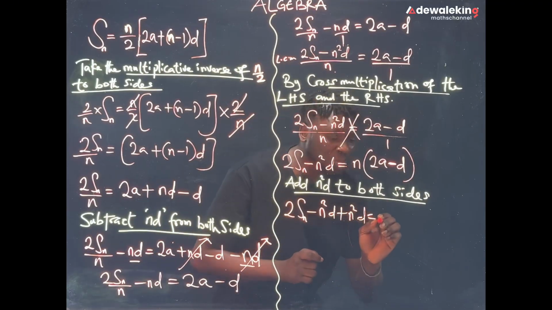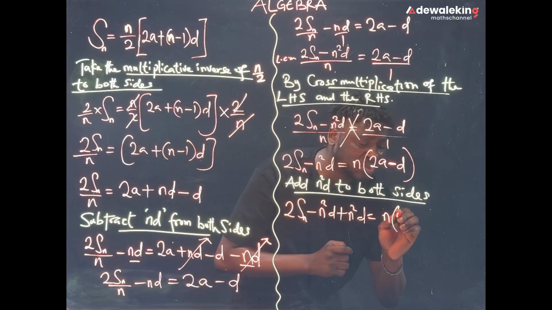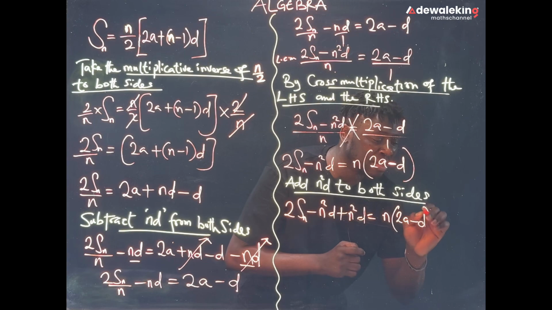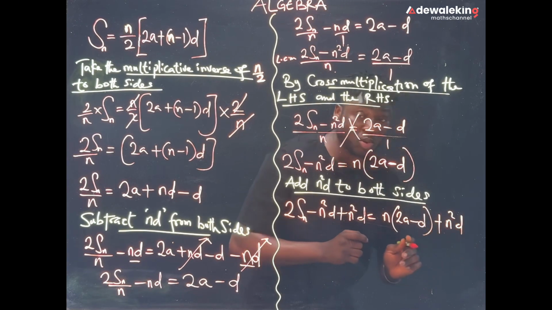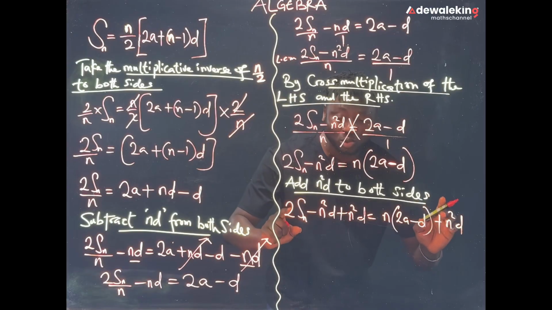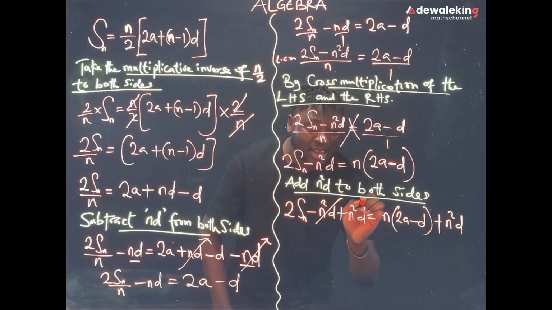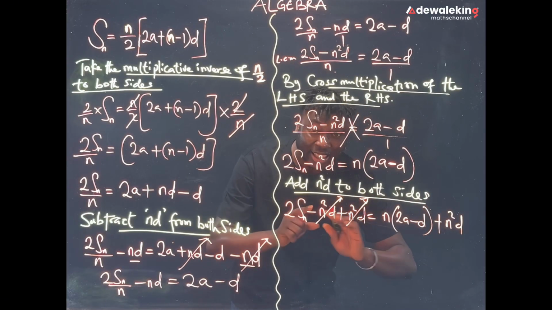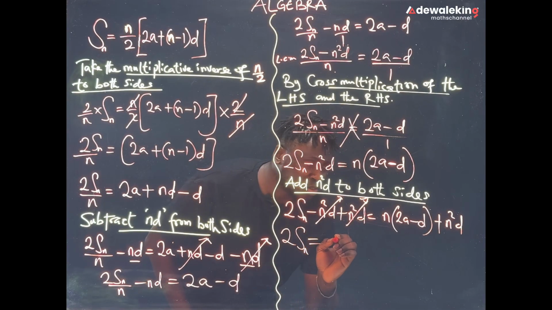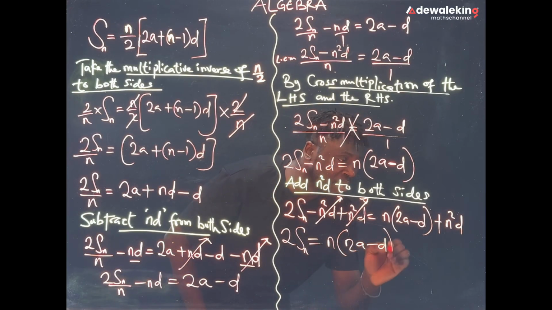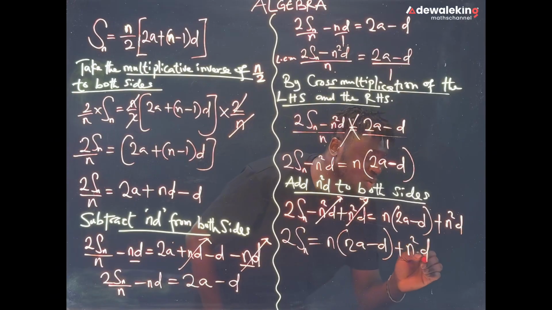And on the other side, we have n bracket 2a minus d close bracket plus n squared d. So n squared d has been added to both sides. So this and this will be eliminated. So we have 2S subscript n equals n bracket 2a minus d plus n squared d.